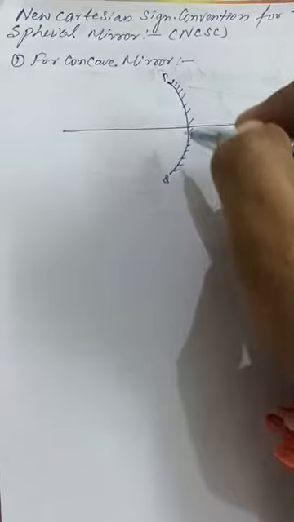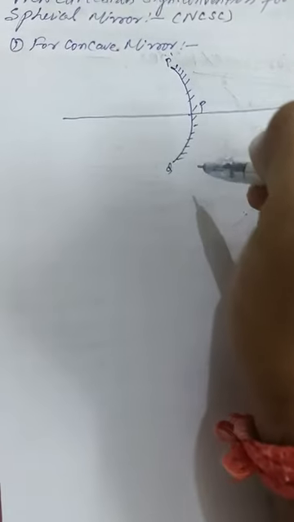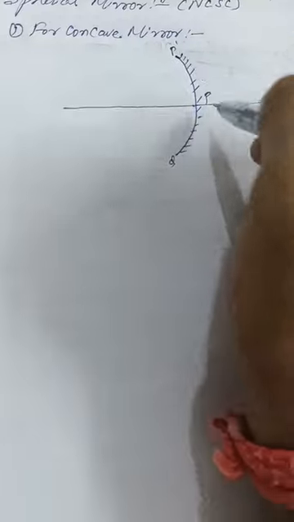This line is known as the principal axis. We divide the aperture into two equal parts. This PQ is known as the aperture, and this point is P. Suppose here is P dash, because 2P is here, so P dash and P.